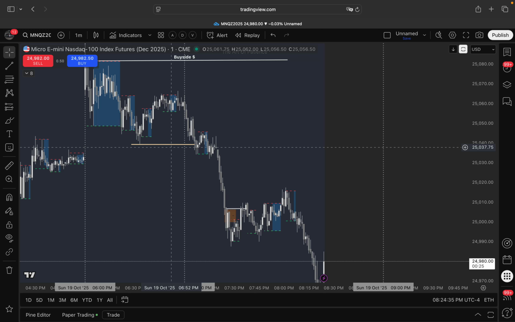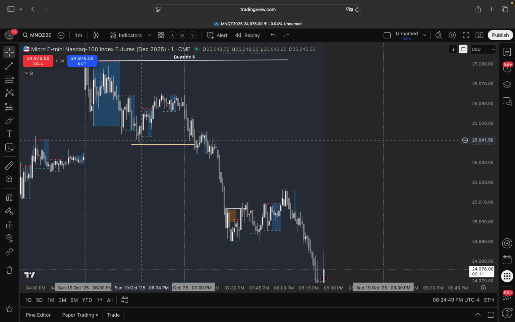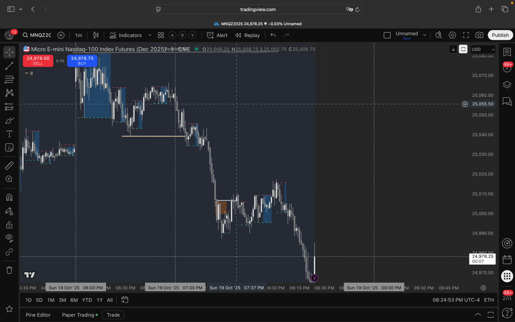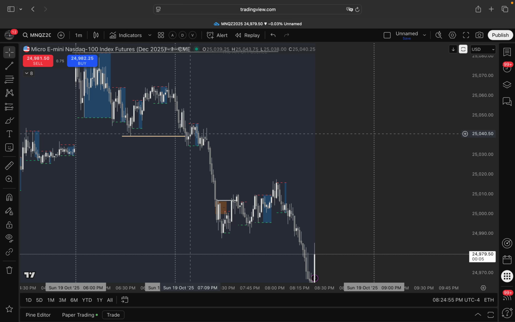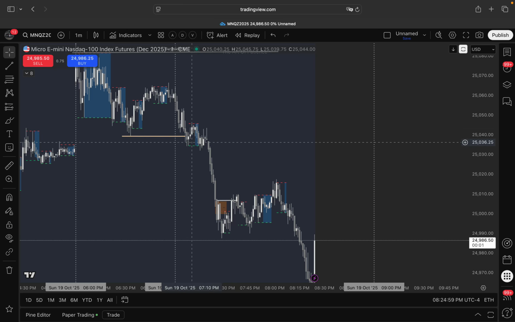In one second, I'm trying to do something really quick. All right, so we're going to wait for price to take out either the buy side or sell side. Whatever happens here, in this example, sorry, I was distracted by something else, but we swept the liquidity.